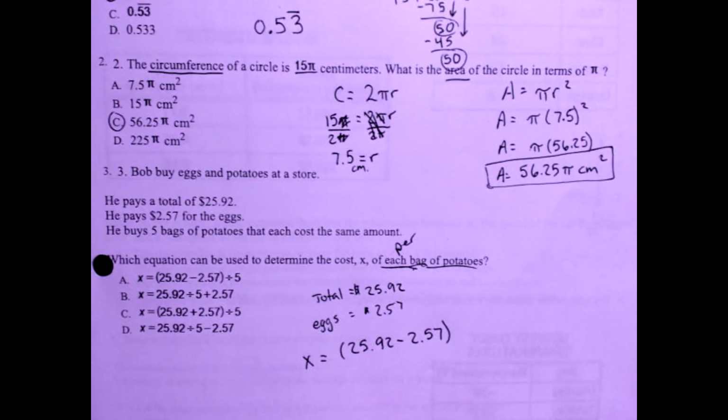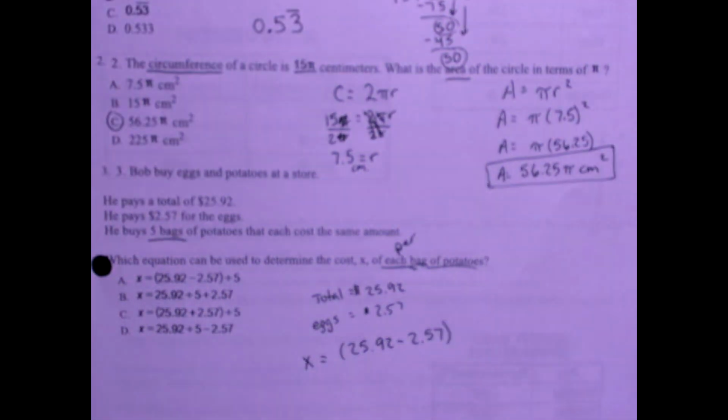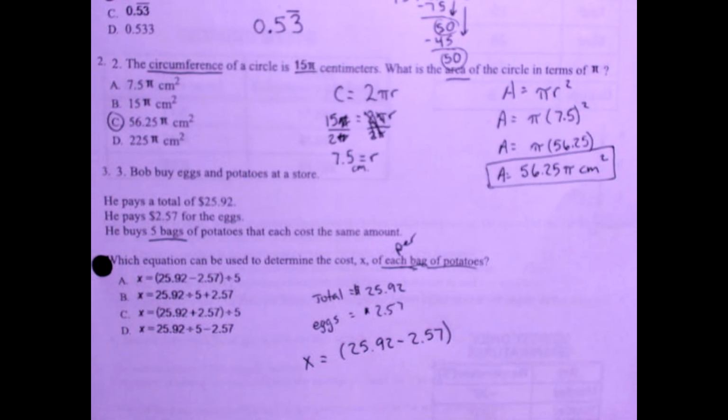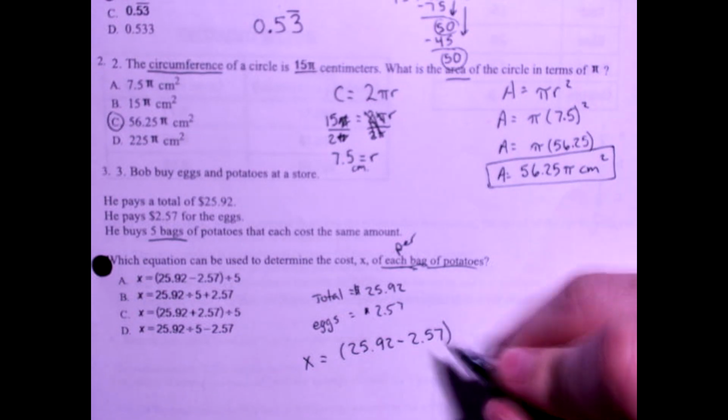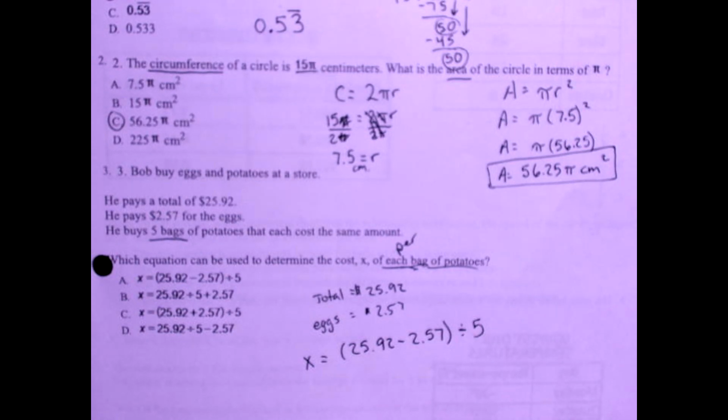So if I know what we spent on potatoes, which would be that $23.35, hopefully I did that math correctly in my head, I would have to divide that by the number of bags that I bought. If we look up here, he bought 5 bags. So in order to figure out how much each bag is, I have to take the total price and divide by 5.